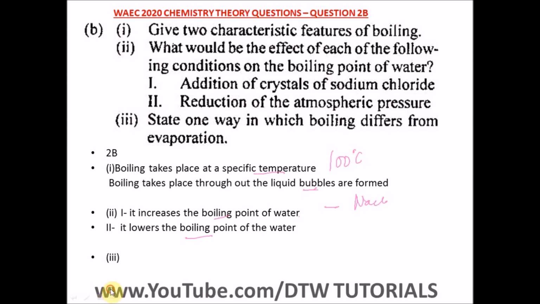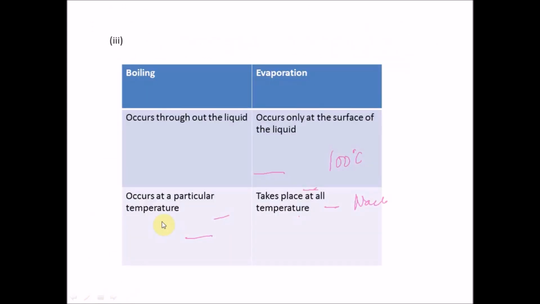That is 1B. So for III, they said difference between boiling and evaporation. Boiling occurs throughout the liquid, while evaporation occurs only at the surface of the liquid. When water is evaporating, molecules go to the atmosphere only from the surface, whereas boiling occurs throughout the liquid.